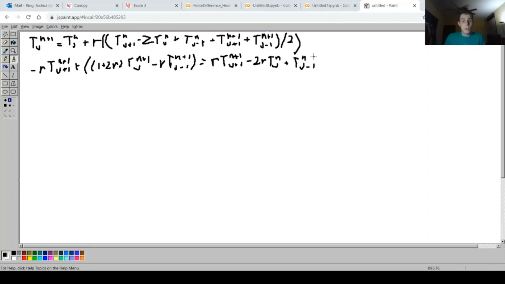So all that we really did in this step was just separate our subscripts from the variables, from the n plus 1s in the superscript and the n's.